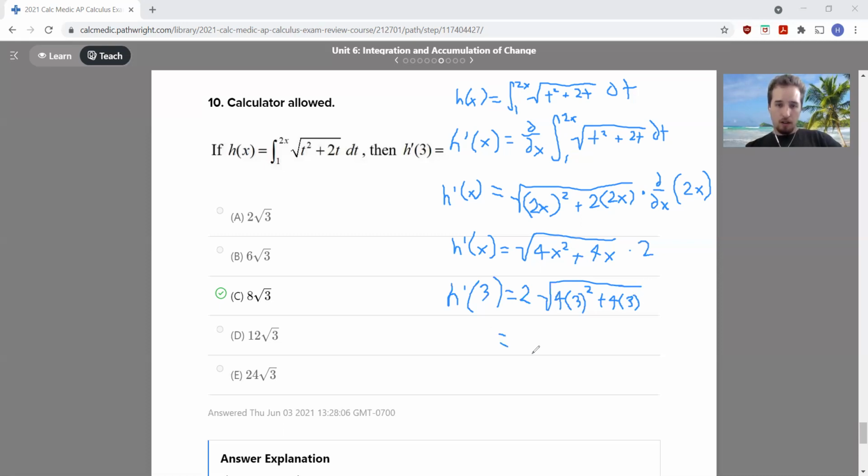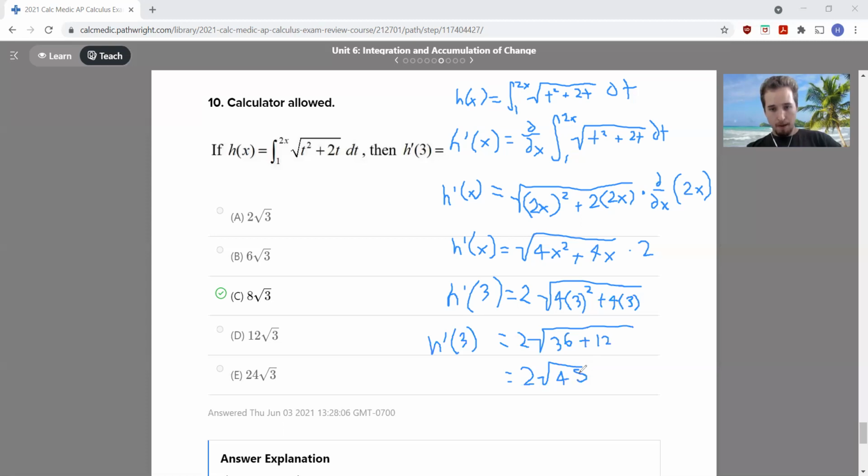And so h prime of 3, we get 2. 3 squared is 9 times 4 is 36. 4 times 3 is 12. You get 2 times the square root of 48.